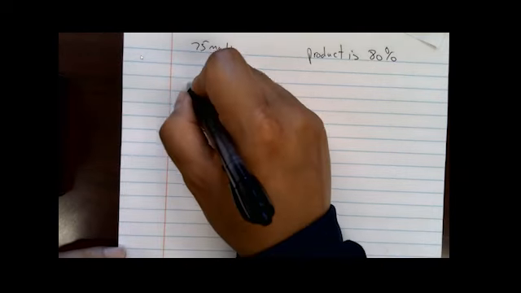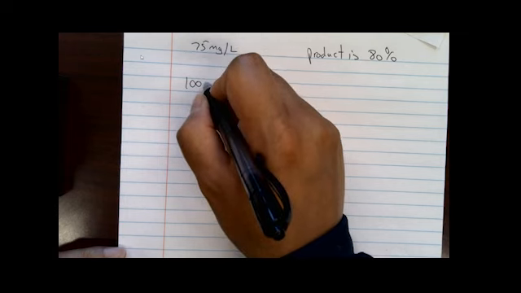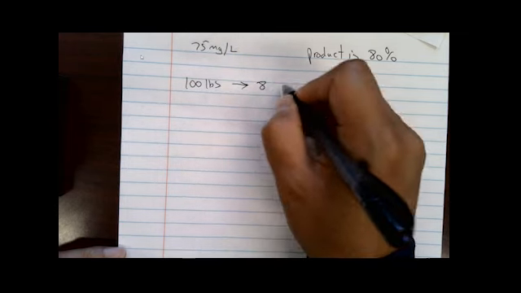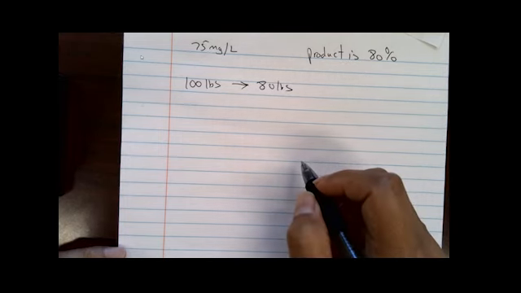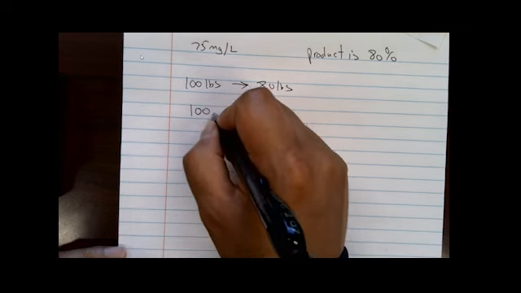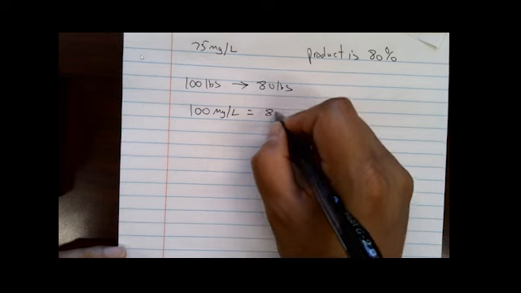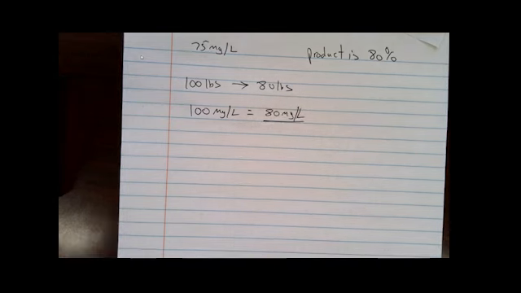We know that the soda ash itself, or the soda ash powder, the product, is 80% pure. That means that out of 100 pounds, if we're talking in pounds, 80 pounds are pure soda ash. In this case, out of 100 milligrams per liter, 80 milligrams per liter is the pure soda ash.